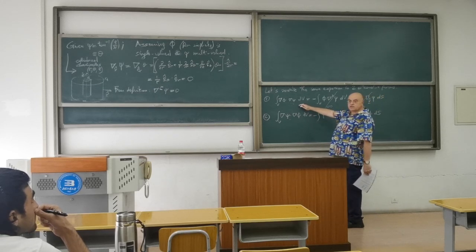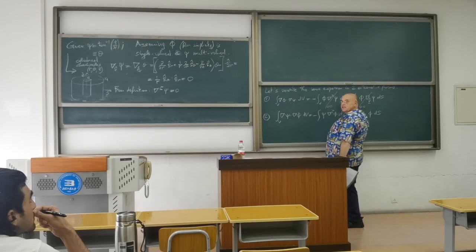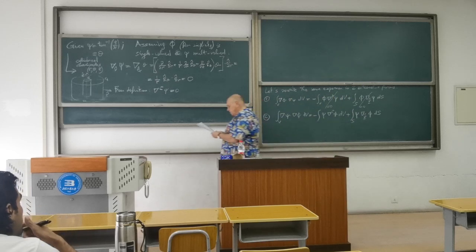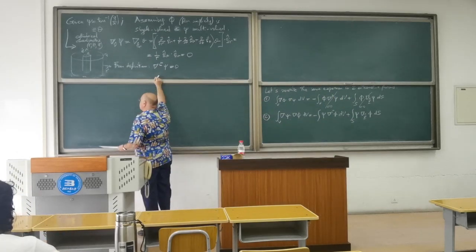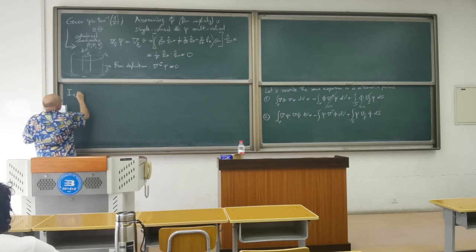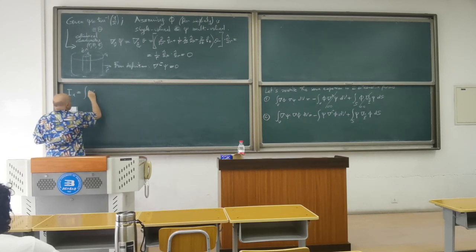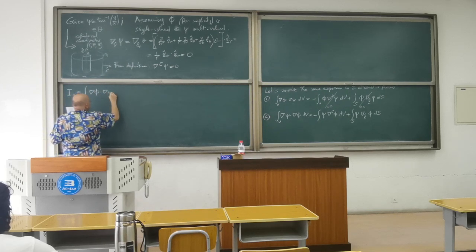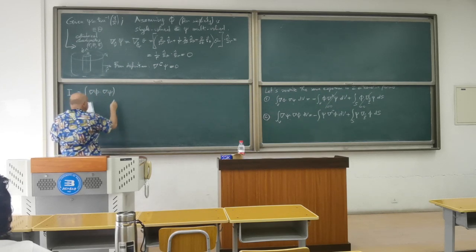Now we have to check on this one. If this is 0, this is satisfied. We take that integral and call it I1, for example: the integral of grad phi times grad psi in dV.